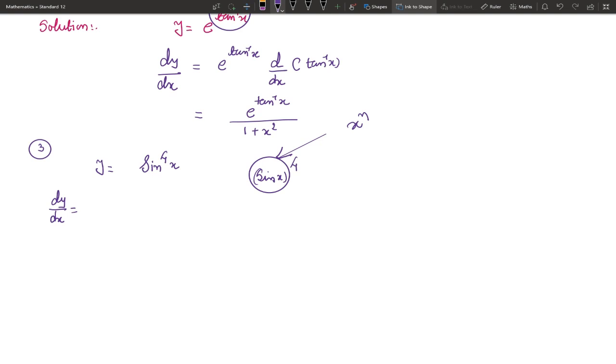So first use d by dx of x raised to n, it is n x raised to n minus 1. First we apply this formula. Using this, 4 into sine raised to 4 minus 1, that is sine cube x.